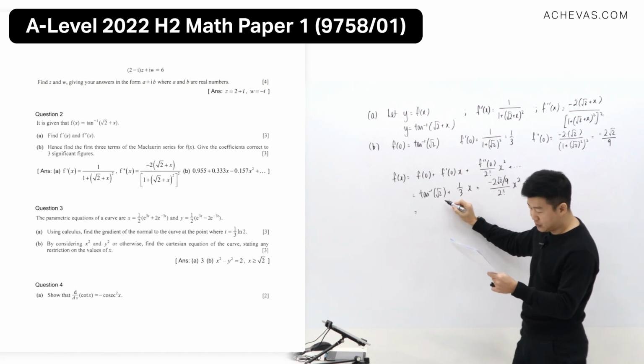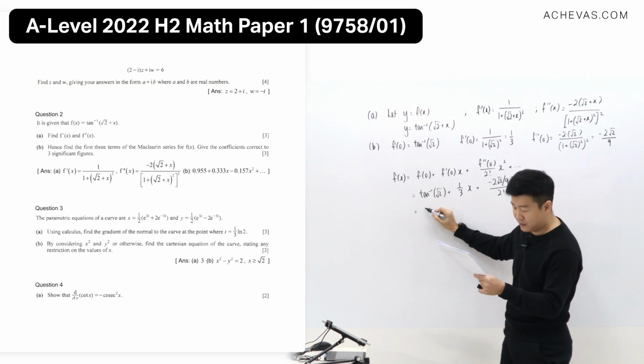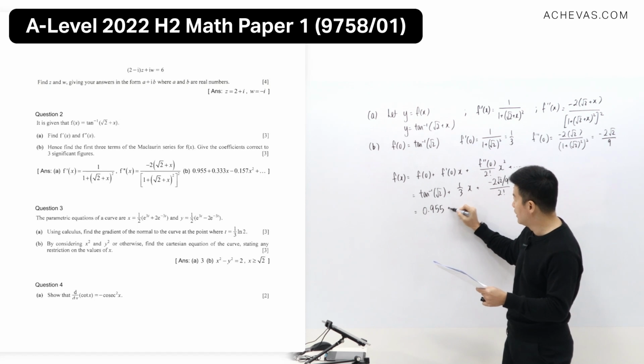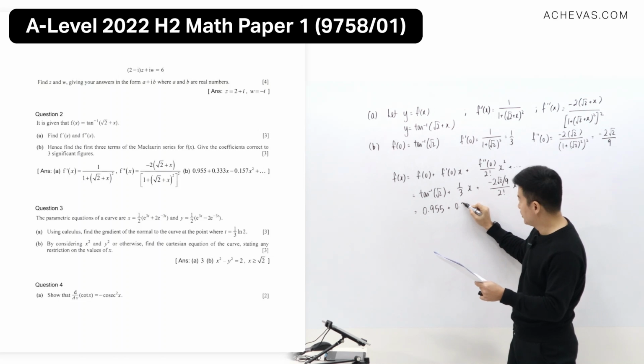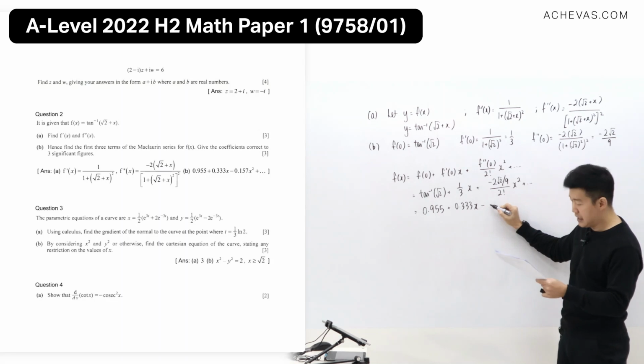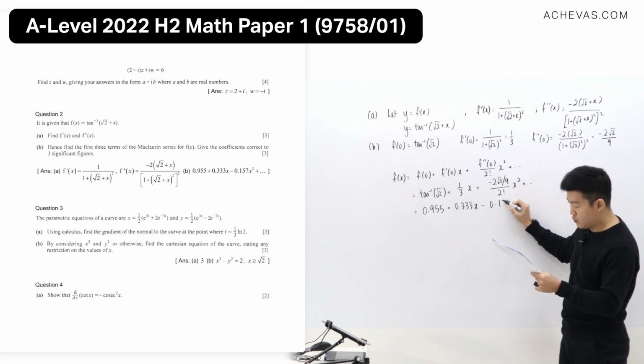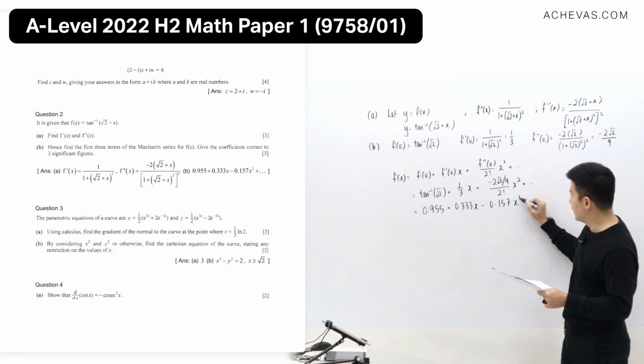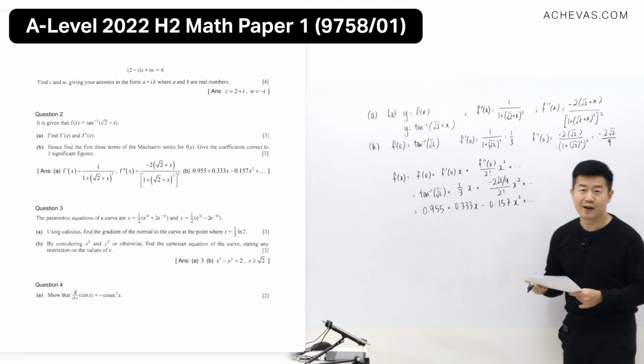Giving to 3 significant figures, it is 0.955 plus 0.333x, and then negative 0.157x squared, and all the way up to infinity.